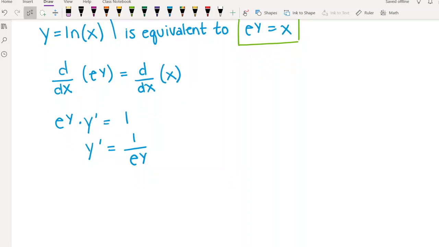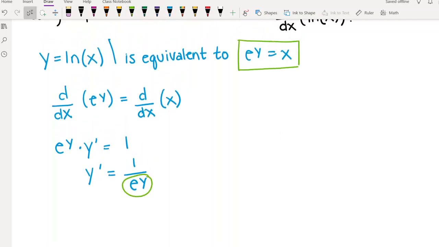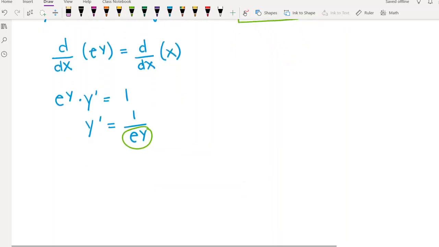So here we have y prime is equal to 1 over e to the y. Well, that's the same thing as 1 over x, based on what we wrote down above.